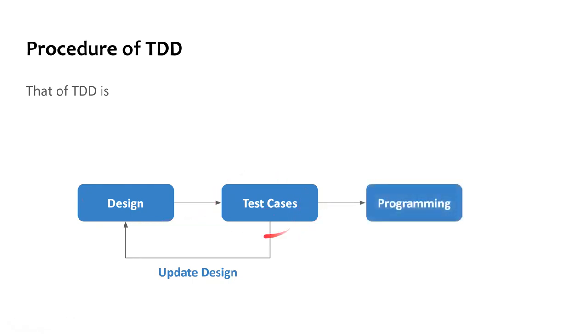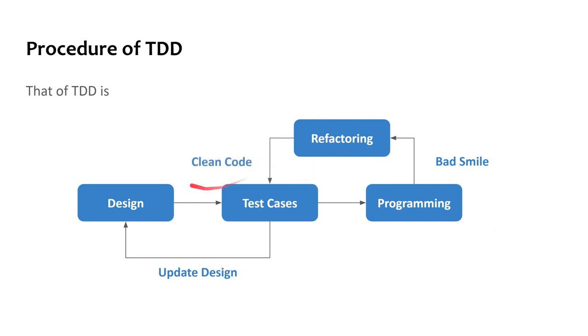And if these test cases are satisfactory or good enough, then you start implementing. However, sometimes your implementation might be good enough but your program might be very dirty. In those cases, you do something called refactoring. You make your code clean. And then using your clean code, you test your implementation once again. So this is a new cycle or procedure of TDD, okay?